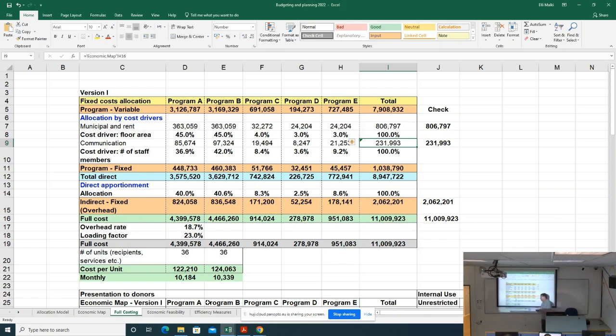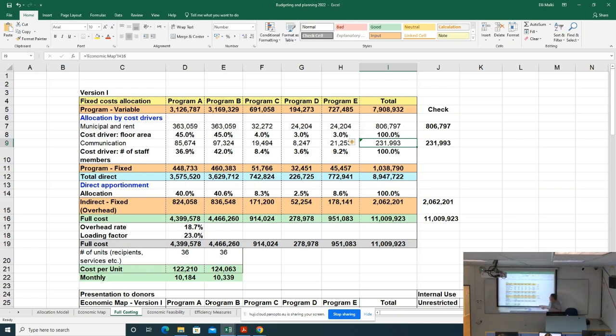Yeah, of course. And in real life, you either estimate, which is this example, or here, number of staff is an accurate calculation. You take your staff list, and if you want to do it based on staff and not based on full-time equivalents, which makes sense because you can say that people who work full-time or half-time spend the same time on the phone, maybe less time on the job, but the same time on the phone.